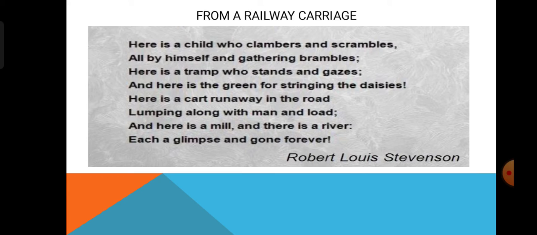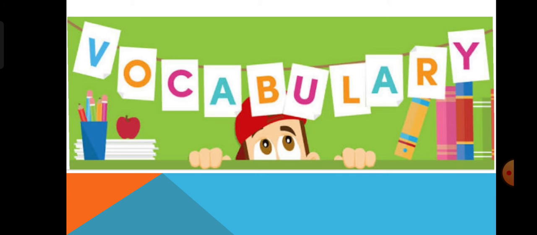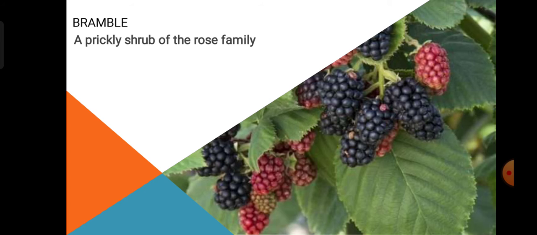So hopefully you have marked the unfamiliar words, and now let's move to the vocabulary session so that we can get to know the meaning of these unfamiliar words. The first word is bramble.